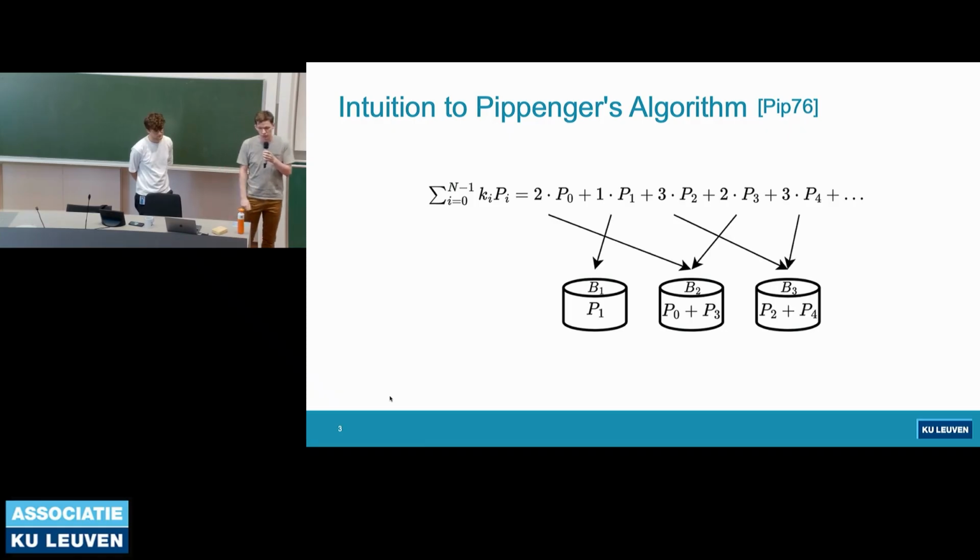So in our example here, we can first accumulate all of the points that need to be multiplied with the scalar 1 in a so-called bucket 1, all of the points that have to be multiplied by 2 in a bucket 2, and so on. And then only in the second step, we do the multiplication of those storage elements by their index, and we find the result for the total multi-scalar multiplication.